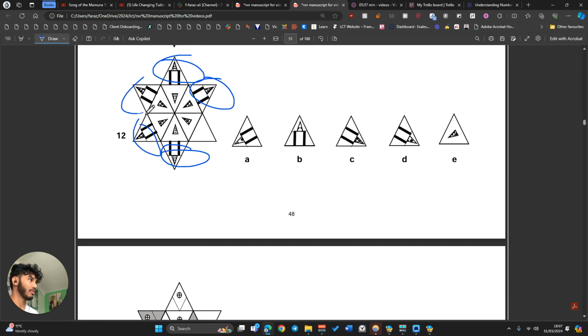This one and this one is the same, meaning this one and this one is probably going to be the same. So let's have a look. It definitely can't be A, definitely can't be B because it's facing the wrong way. Can't be E either. These two are facing the right direction, but which one has got the right pattern on the triangle? Well, it's C, not D.